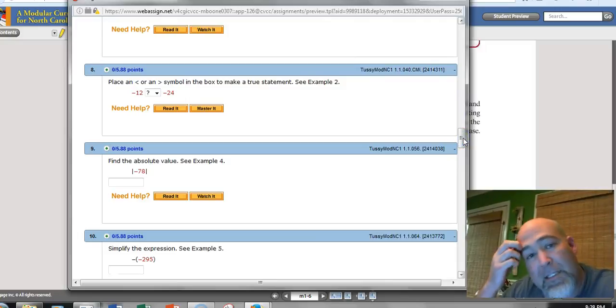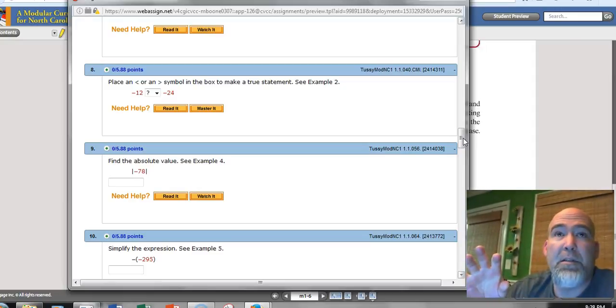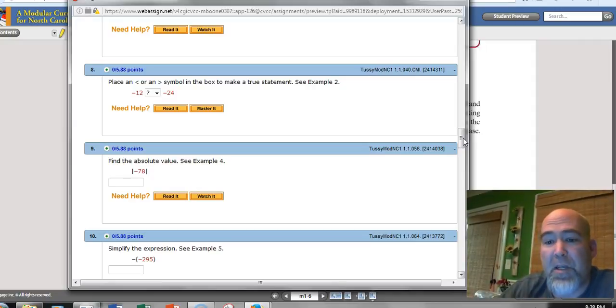Number 8 is dealing with inequalities. So we have less than, greater than, less than or equal to, greater than or equal to. These are different symbols to show how two numbers relate to each other. On this one, we're trying to figure out how negative 12 compares to negative 24.